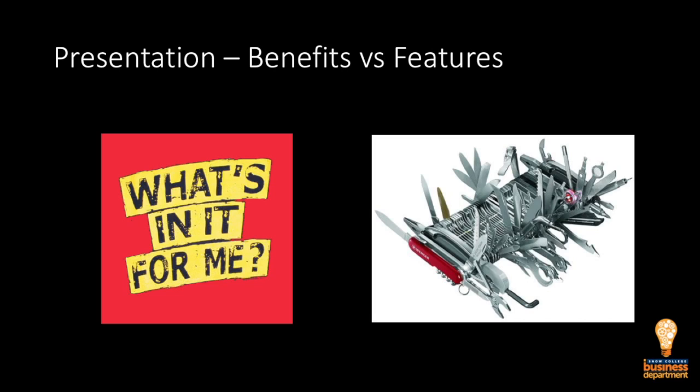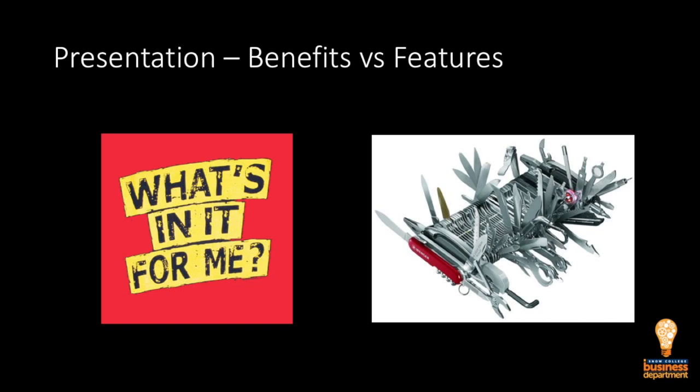And because we've spent the time at the beginning getting to know what the customer really needs, now instead of going through every single feature our product has, we take maybe one or two of those that really solve a customer's need and really focus on those few features that are really going to benefit that particular customer, but also getting beyond the features and talking about, okay, here's a feature, here's how it solves your need. Here's a feature, here's how it solves your need. And here's how this product or service is really going to help you.